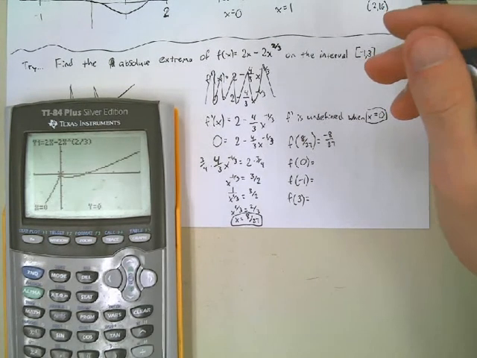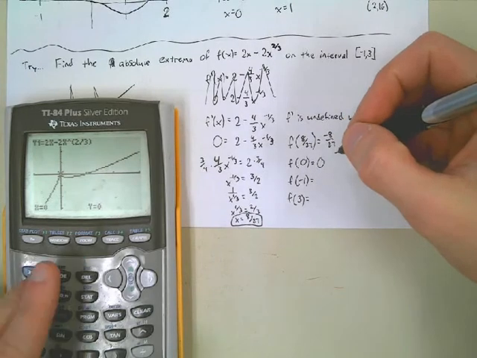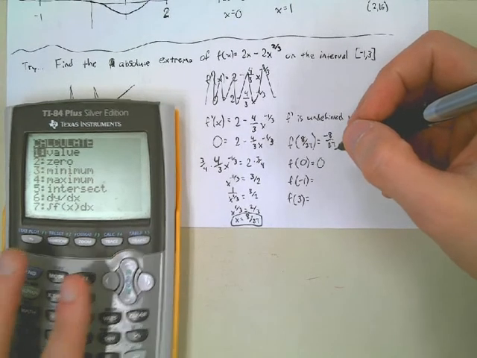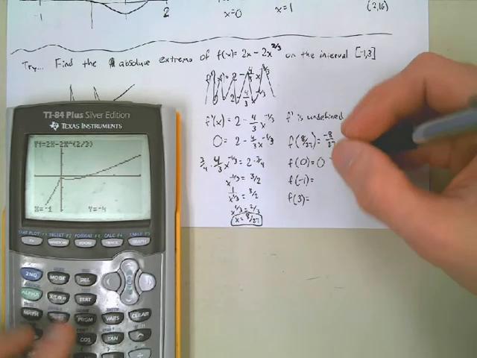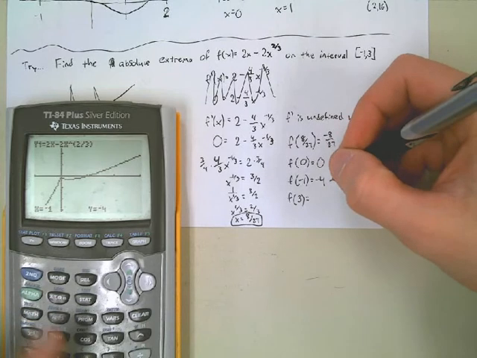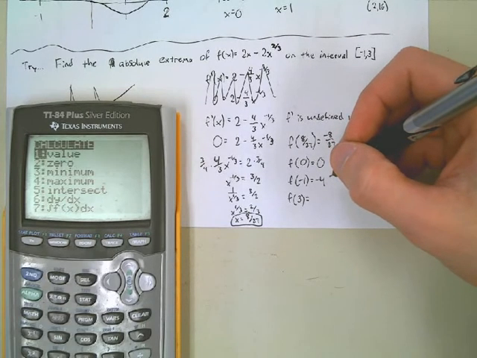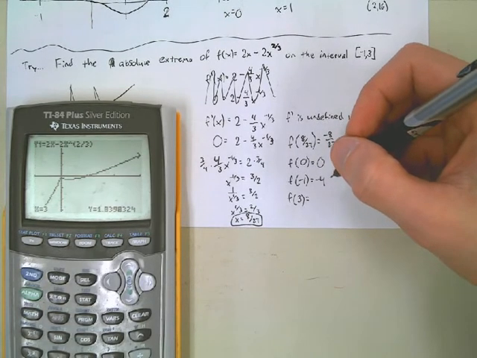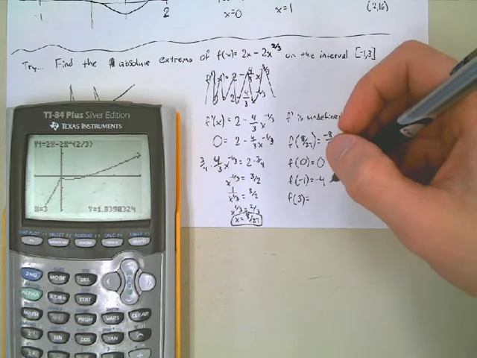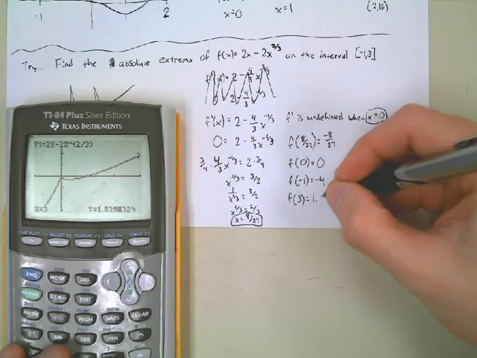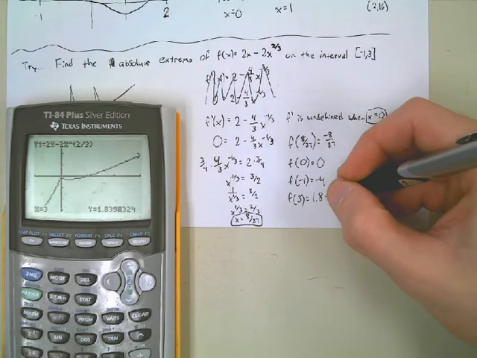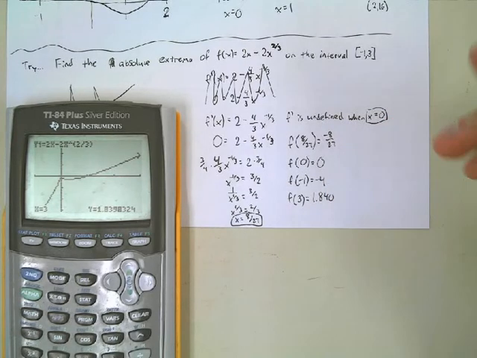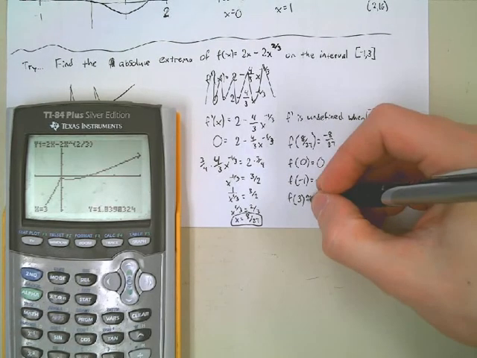Second calc value at negative 1 gives negative 4. And second calc value at 3 gives 1.8398. Woof, that's a mess. So we'll round that to 1.840, with a squiggly equal sign for approximately equal to.